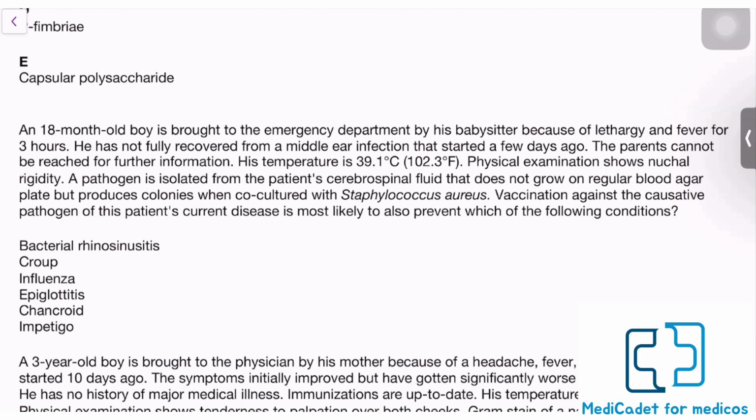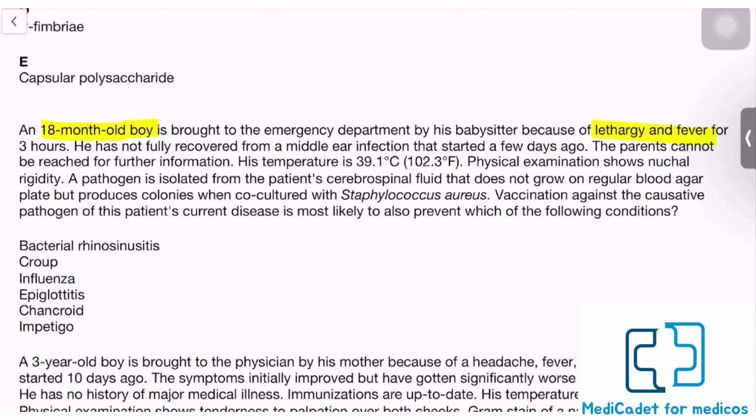Someone answered epiglottitis. Okay, so let's see what's happening. There is an 18-month-old boy, a small boy, brought to the emergency department by his babysitter because of lethargy and fever for the past 3 years.